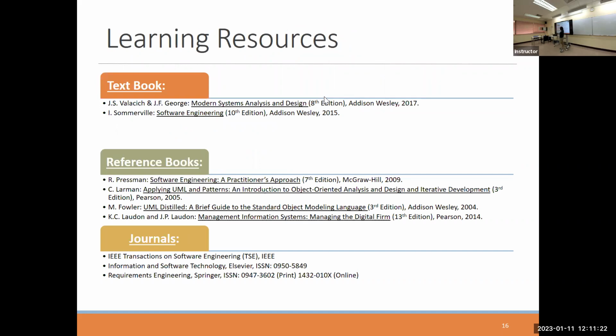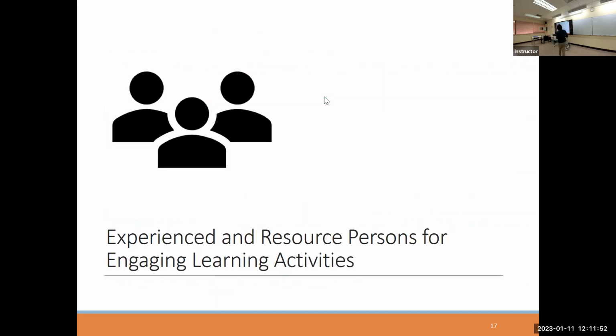I use several of them because I consolidate and integrate content from several books and also from internet resources too, because in this world of information system development, things are going very fast. So there are new techniques, there are new things to learn, okay? So that is the reason I refer to quite a number of resources, okay?